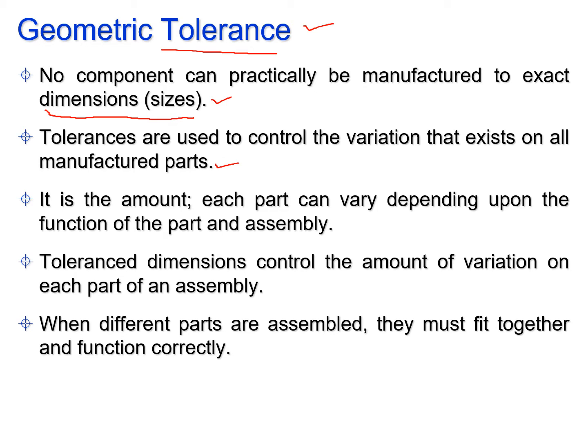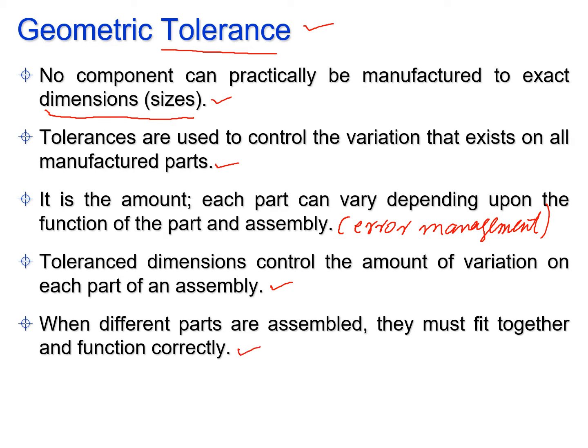So you can say that it is error management from the allowed dimensions. Then tolerance dimensions control the amount of variation on each part of an assembly, and when different parts are assembled they must fit together and function correctly.